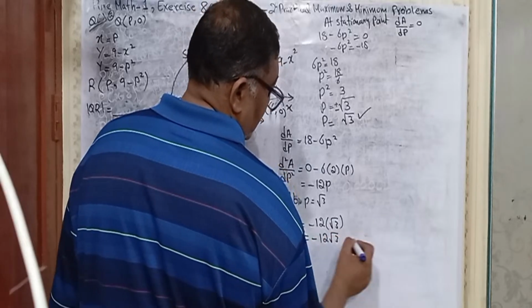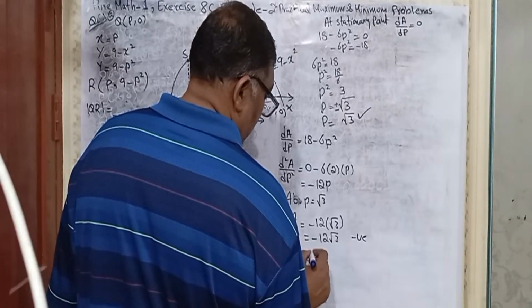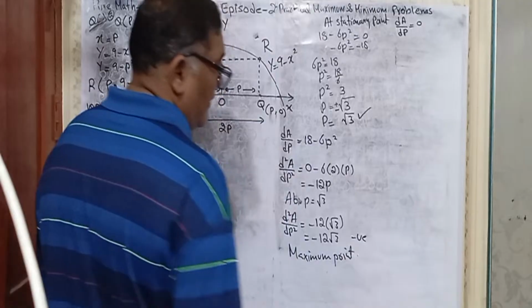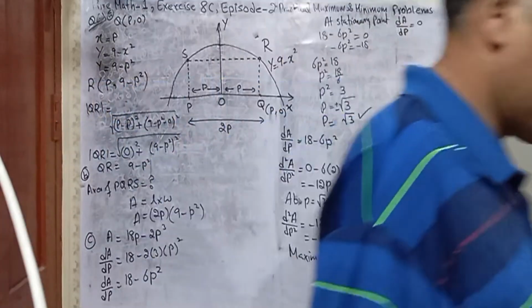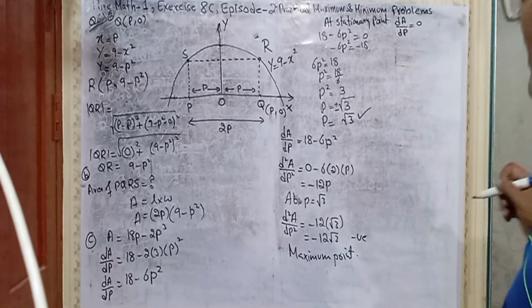So this is a negative number, so it will be a maximum point. Maximum point means maximum area. Here it will be at the value of p equals to under root 3. We have to find out the value of the area also.